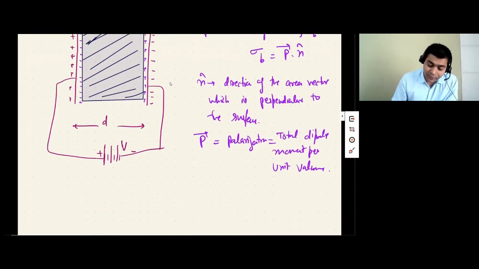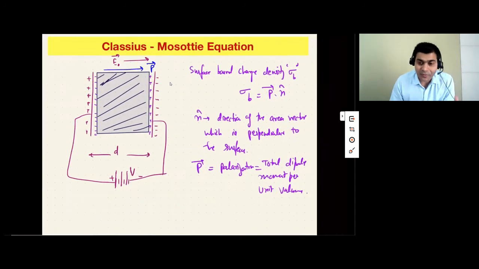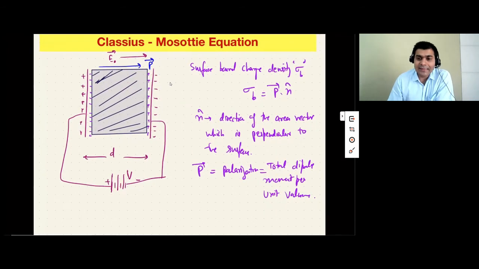So now our question in the present video is: what is the electric field that is actually felt by an atom in this dielectric? Suppose I choose a reference atom A here. What is the net electric field felt by A? Now let's see carefully.